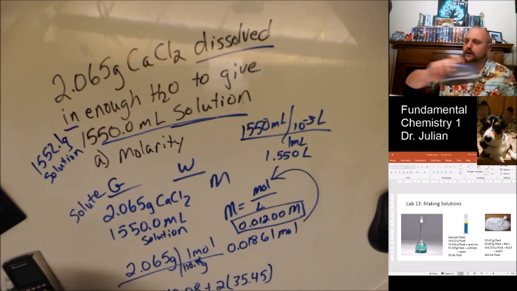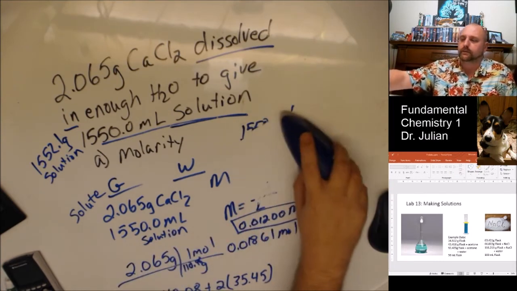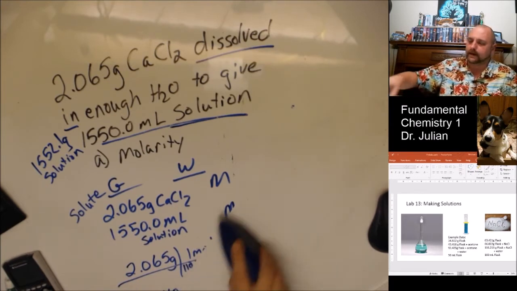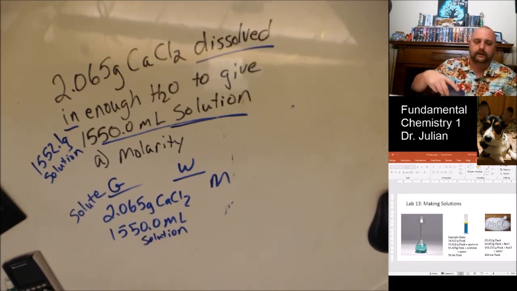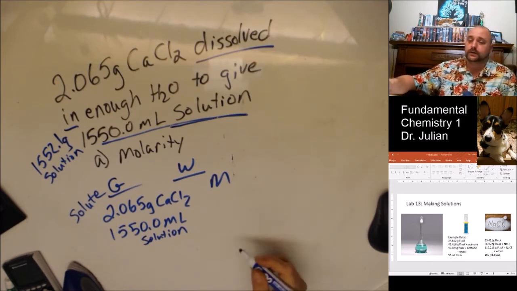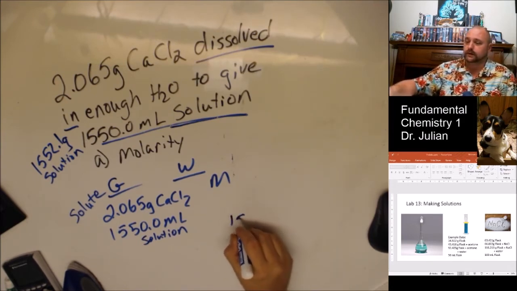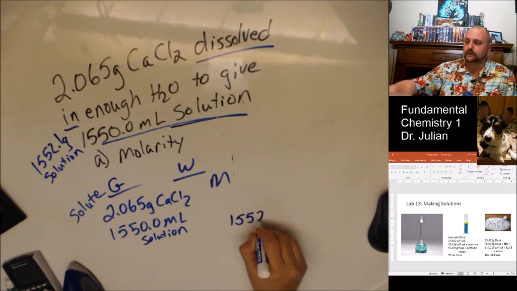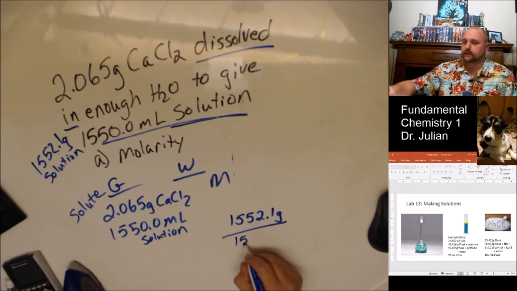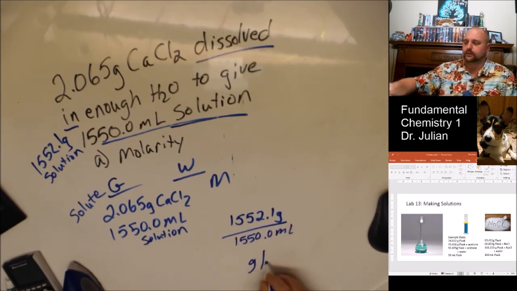Alright, so I'm going to get rid of some of my previous work. And the density, we said it before, was the mass of the solution, 1552.1, divided by the milliliters of solution, 1550.0. I'll get units in grams per milliliter.